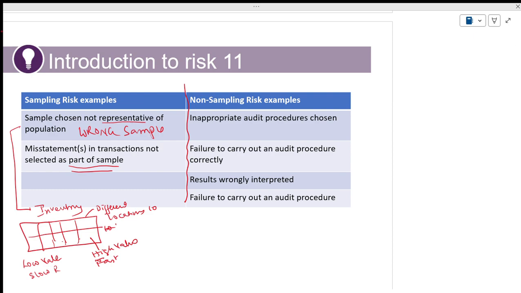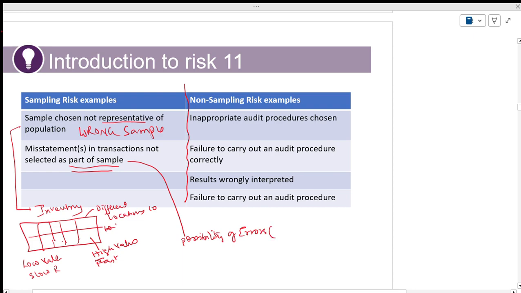See, very clearly, misstatement in the transaction where the errors have happened. Those samples where there is a possibility of errors, because of what?